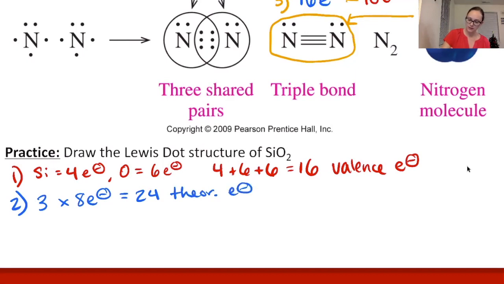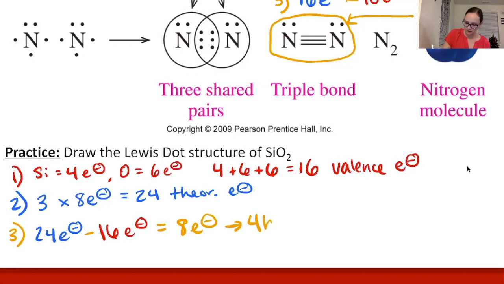Then we calculate our number of shared electrons, which is our number of theoretical minus our number of valence, which is 16. And 24 minus 16 is 8 electrons, which means 4 bonds.